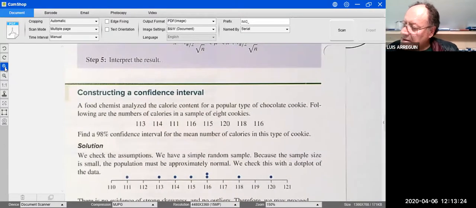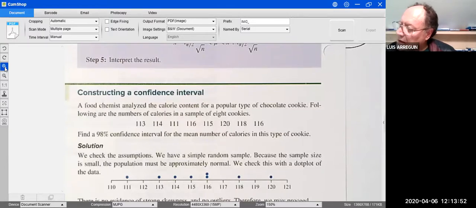A food chemist analyzed the calorie content for a popular type of chocolate cookie. Following are the numbers of calories in a sample of 8 cookies. So we have the calories of 8 cookies, and we need to find a 90% confidence interval for the mean number of calories in this type of cookie.